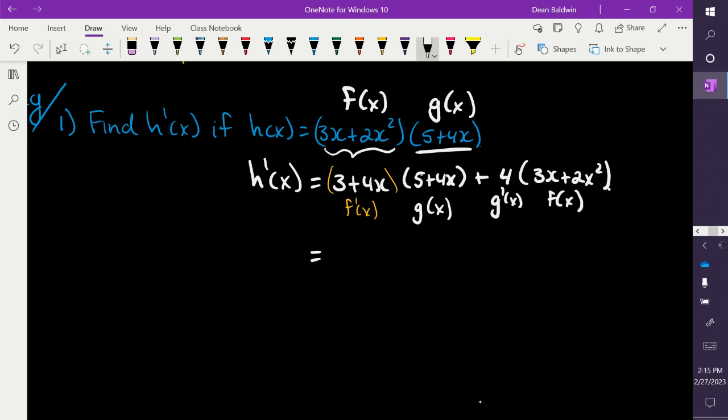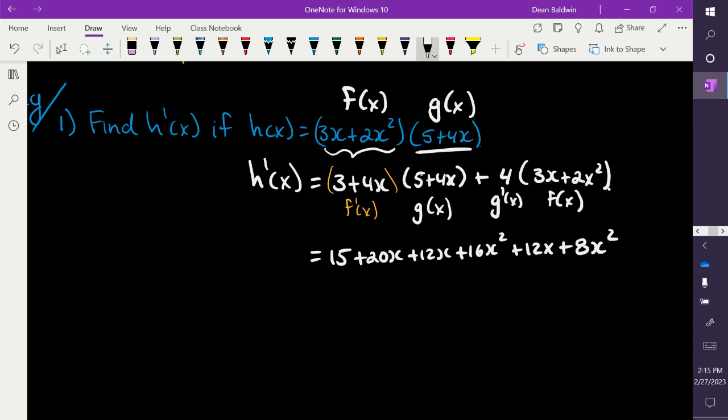What's 5 times 3? 5 times 4. 20x. 4x times 3 is 12x. 4x times x is 16x squared. And then this 4 gets dumped in, and you get 12x plus 8x squared.